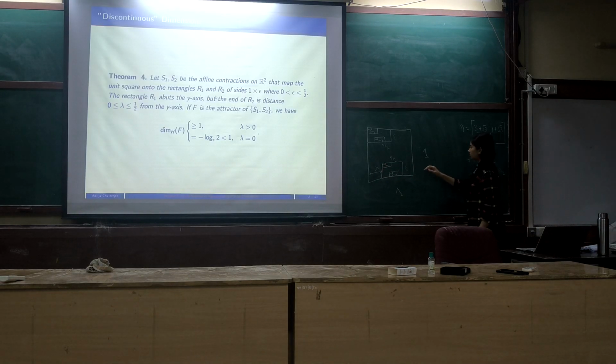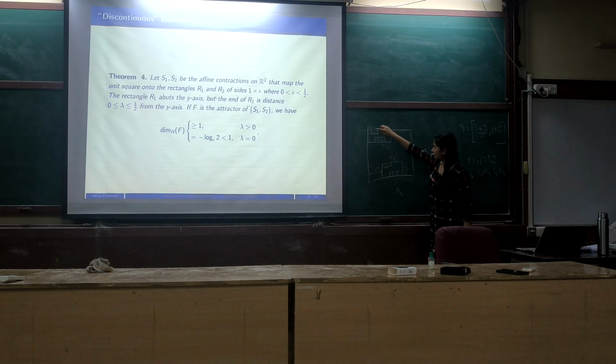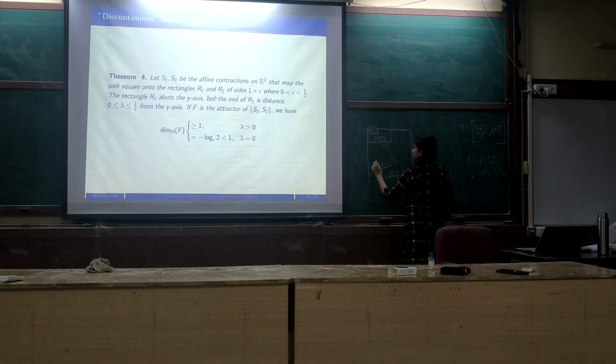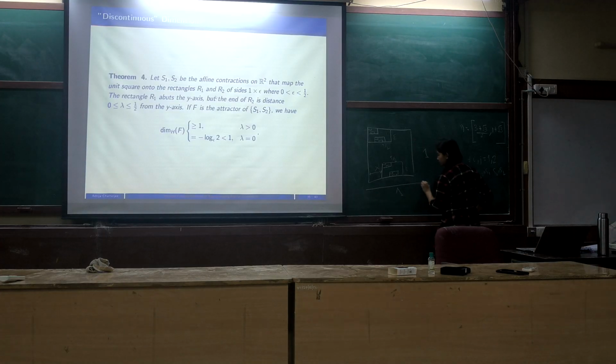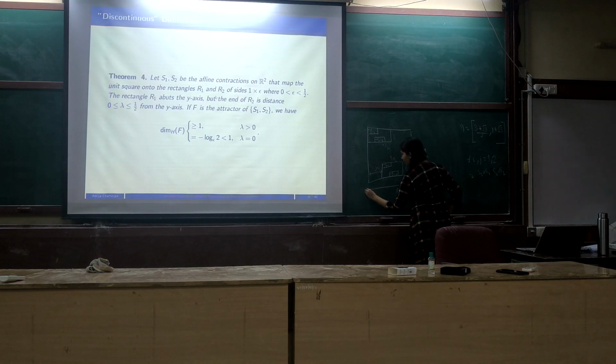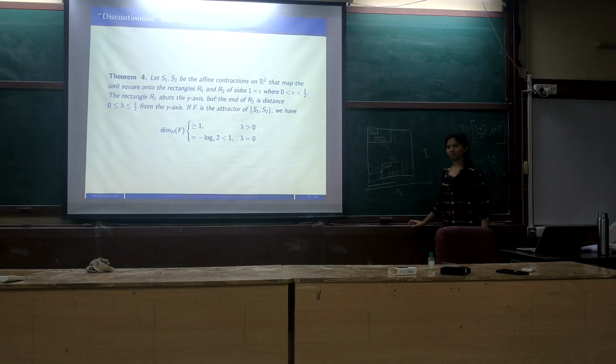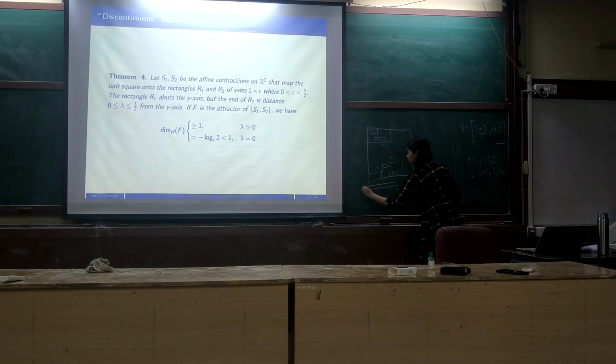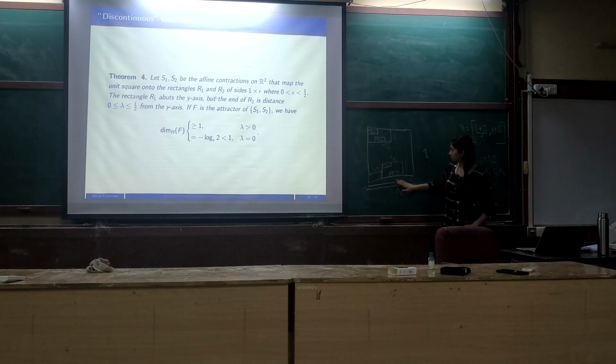And for an idea of this proof, you can see that if you take the projection of all these on the x-axis, so let this be the x-axis, then you can see that the projection will be like this up till half. So it's from 0 to half, around here.